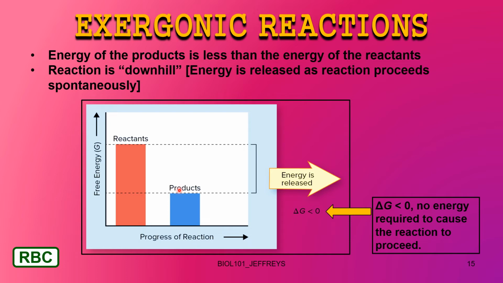It happens automatically. We don't have to do anything to it. So the change in Gibbs free energy is less than zero. No energy is required to cause the reaction to proceed. It happens automatically because the energy of the products is much less than the energy of the reactants. It's a downhill scenario.